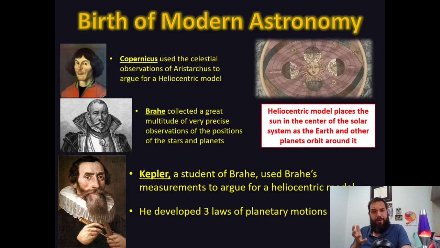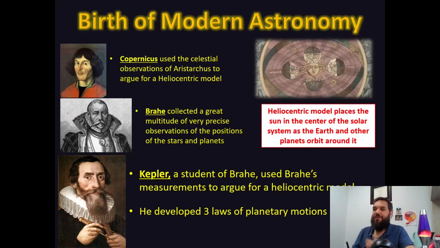So again, like Hipparchus, he was a great empiricist. He collected tons and tons of observations and data. And that was the data that gave his student, Johannes Kepler, everything that he needed to formulate his models of planetary motion.